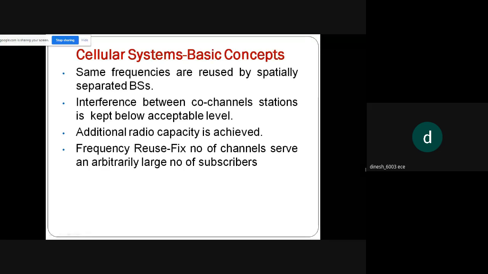Interference is when multiple signals fall on a single point or a single receiver, and it doesn't know which signal to take. If it takes information, the signals will interfere with each other. A type of interference you have studied in digital communication is called intersymbol interference.